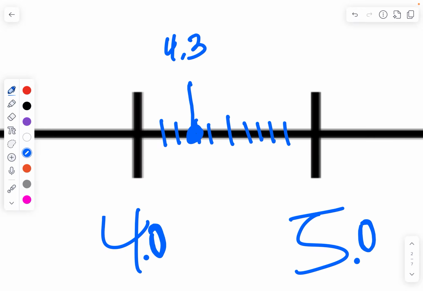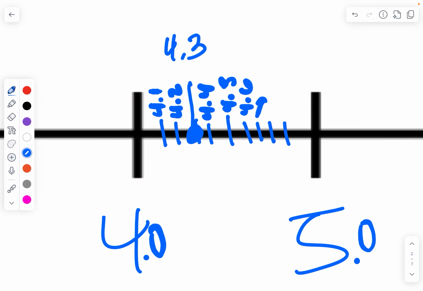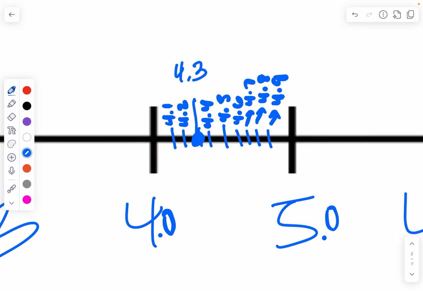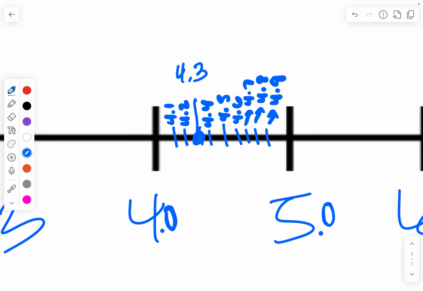So here we have 4 and 1 tenth, 4 and 2 tenths, 4 and 3 tenths, 4 and 4 tenths, 4 and 5 tenths, 4 and 6 tenths. Oops, this is 4 and 7. That's 4 and 8. And then this one is 4 and 9 tenths. So now, class, are we able to identify where 4 and 3 tenths is? Yep, 4 and 3 tenths is right here.